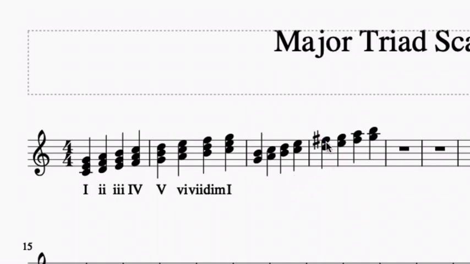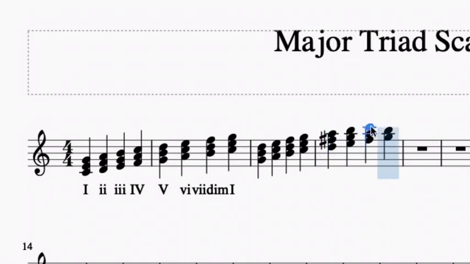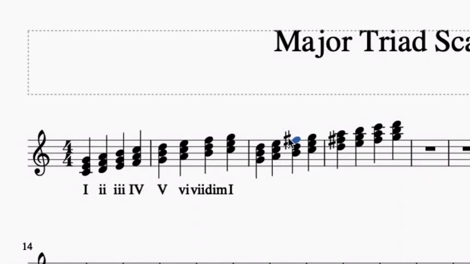And since the first F is marked, that means that F is also sharp. Okay, let's add fifths. And I see an F, and I'm going to make it sharp.